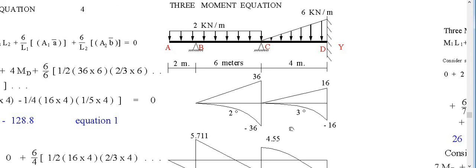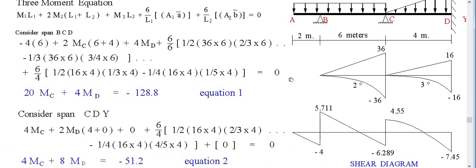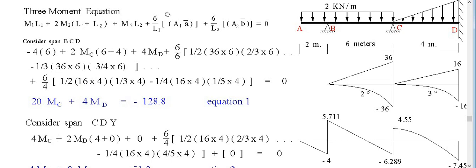So 12 times 1/3 of 4 times 4 is 16. These two must also be equal to 0. So we need this to solve this. The left one is this one, the right one is this one.